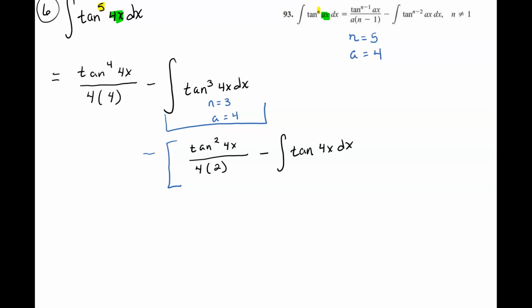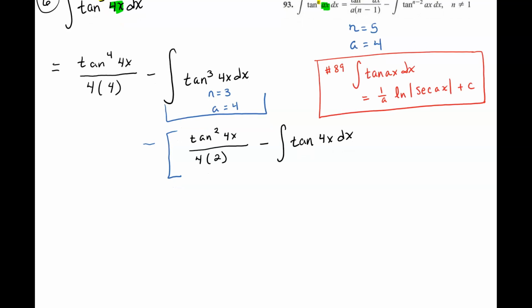And so what we're going to do is look on our table of integrals for something for tangent. So let me go ahead and look that up and write that down for you. Okay, so here it is. This right here represents the number 89, the integral that we're going to use for this tangent of 4x. So it's going to be, of course, negative in the front. And then we're going to write in what we know.